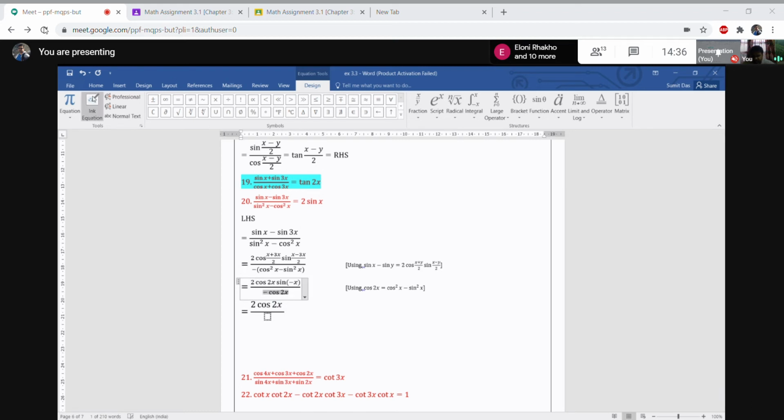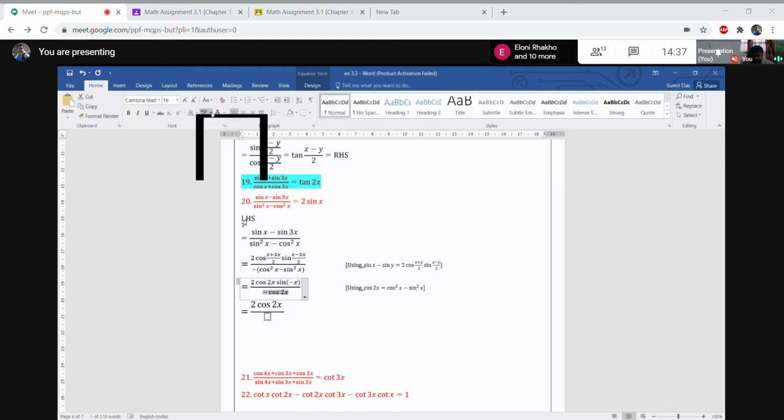Yeah, in this line we can easily cancel cos 2x. This cos 2x and this cos 2x get cancelled. So what remains on the numerator?